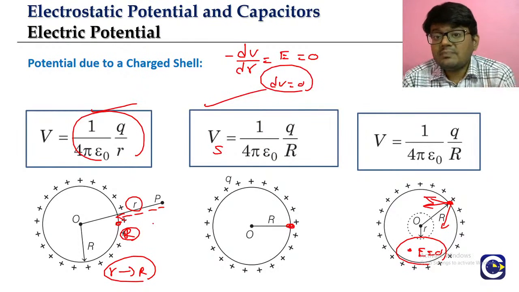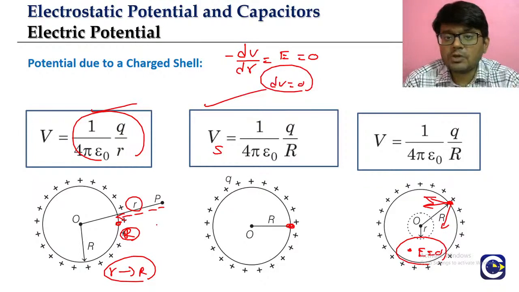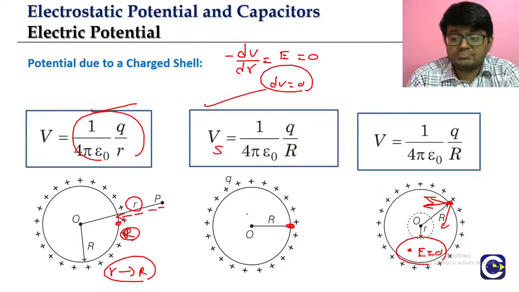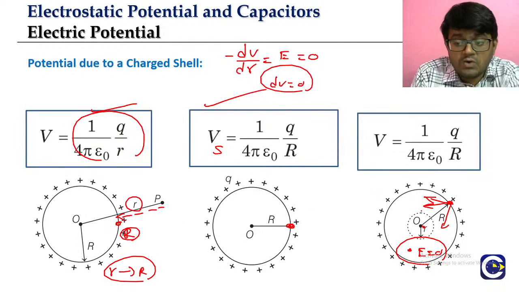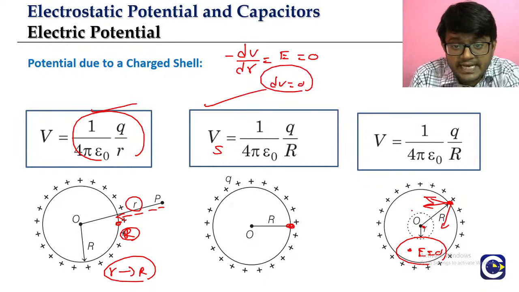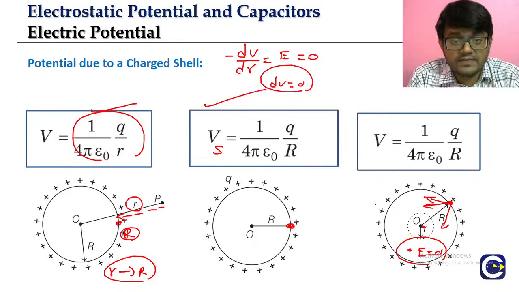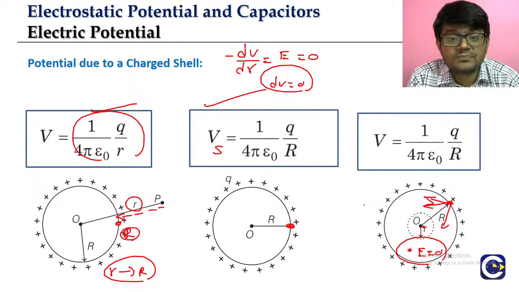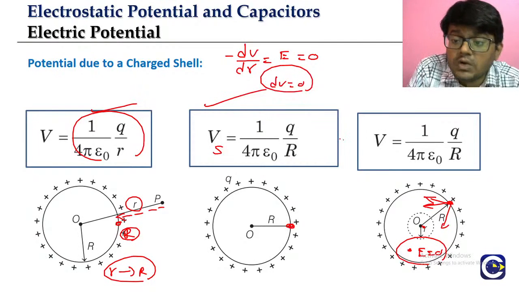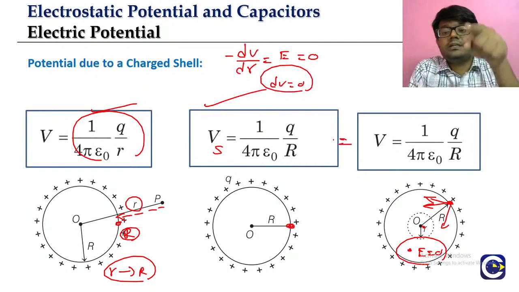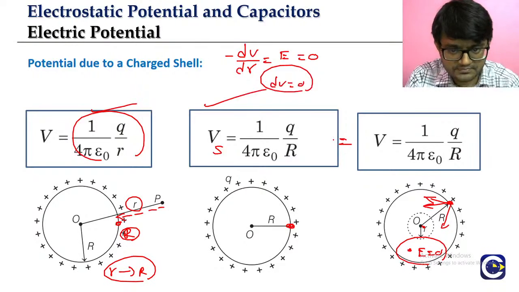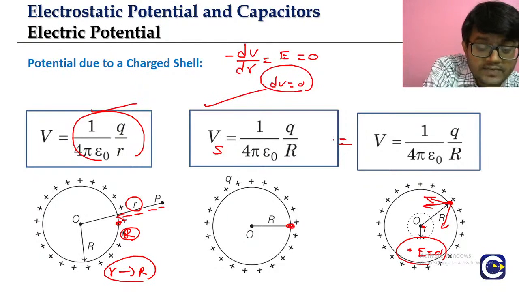Potential difference will not be there means what? Whatever the potential on the surface of the shell, any point inside, or the center point, or wherever you say inside the shell, any point you take, everywhere the potential will be constant or same, and the value will be equal to the potential on the surface of the shell.